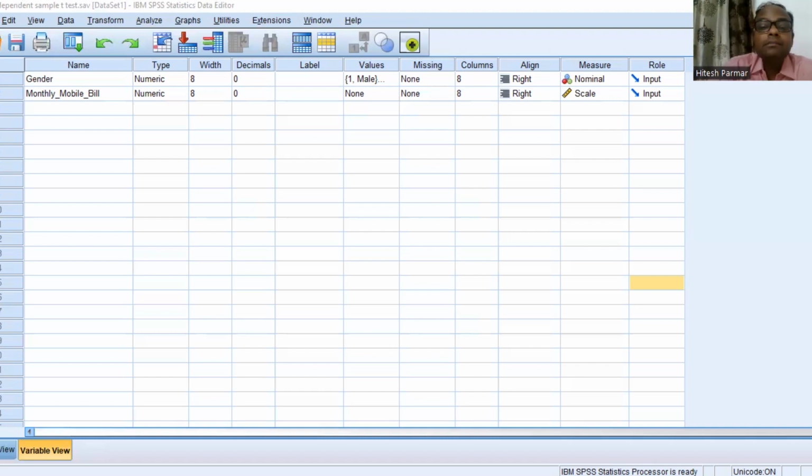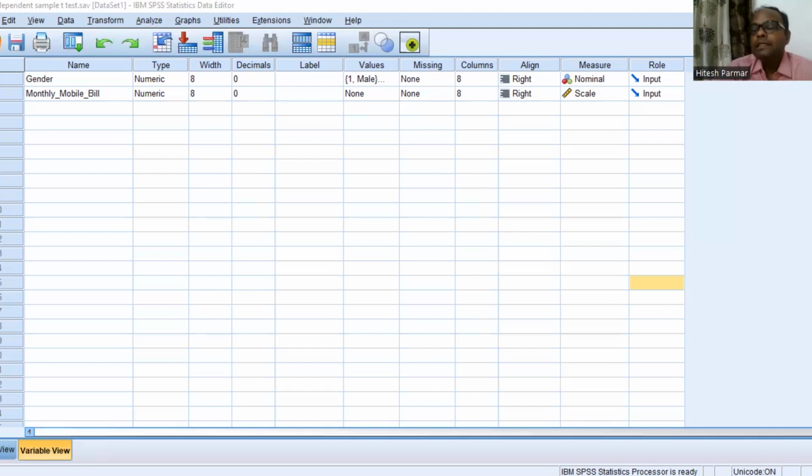That it is by chance this time only that we get a female monthly mobile bill higher than the male. But in our 95% confidence interval of the difference the upper limit is positive, so it indicates that maybe sometimes in future there will be situations where the male monthly mobile bill will be higher than the female monthly mobile bill, because the upper limit is positive. Right, so negative and positive lower and upper limits can be understood like this.